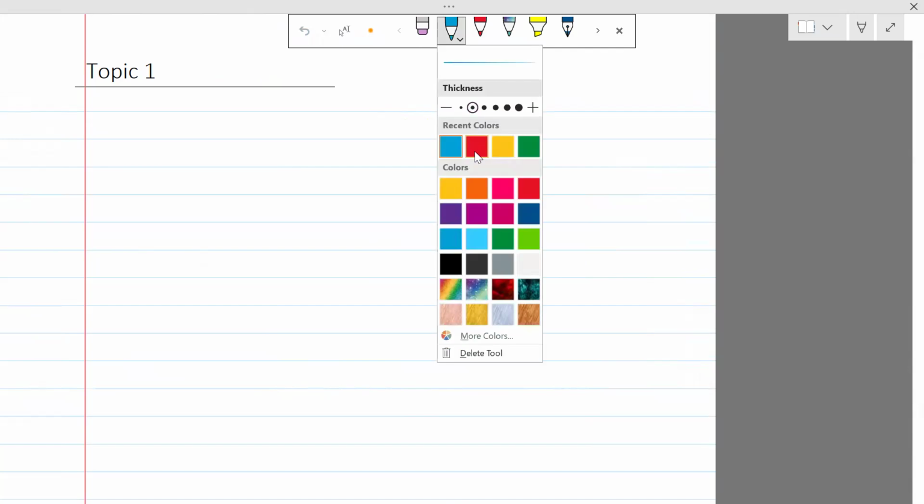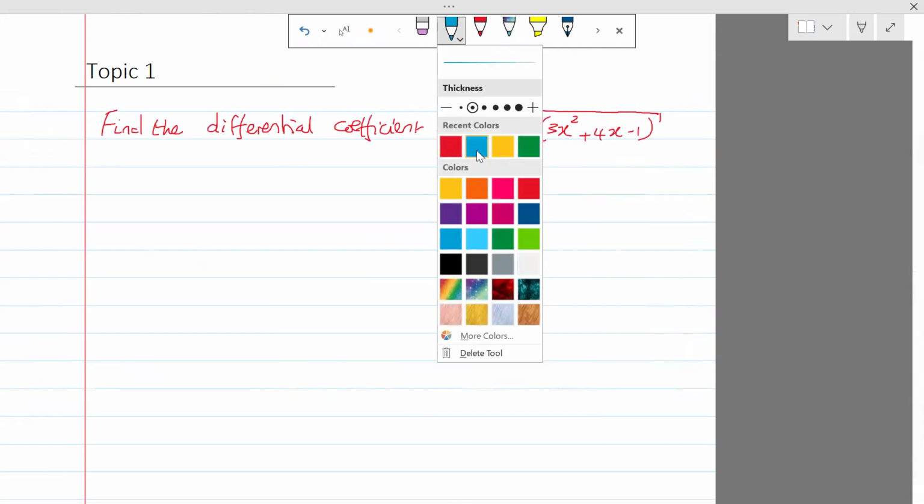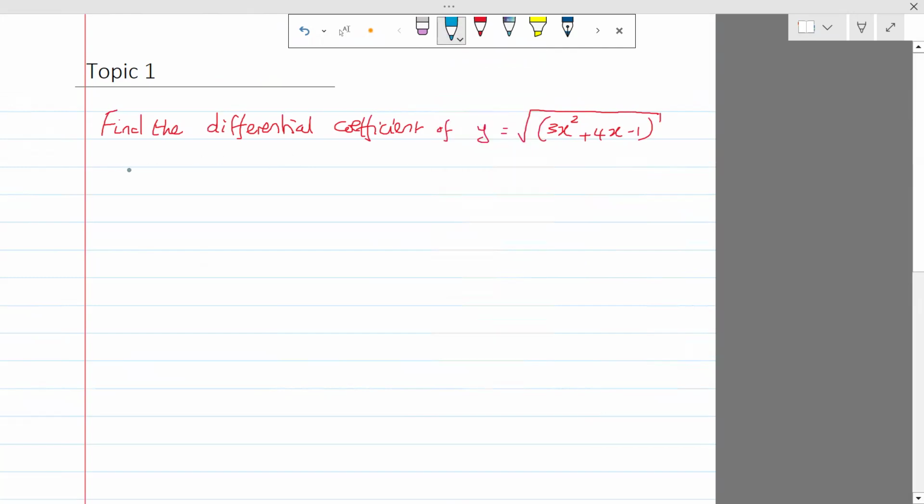One last question. Find the differential coefficient of y equals square root of (3x squared plus 4x minus 1). So again, here we are going to use a substitution.